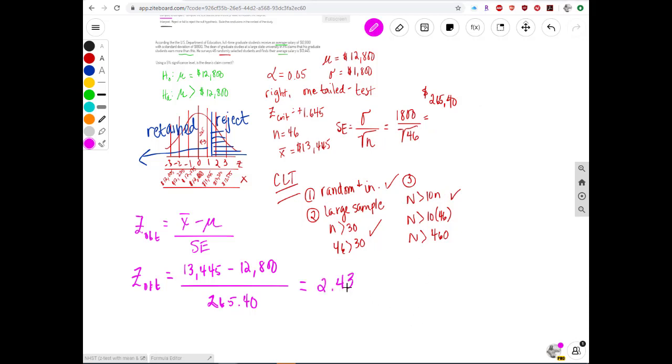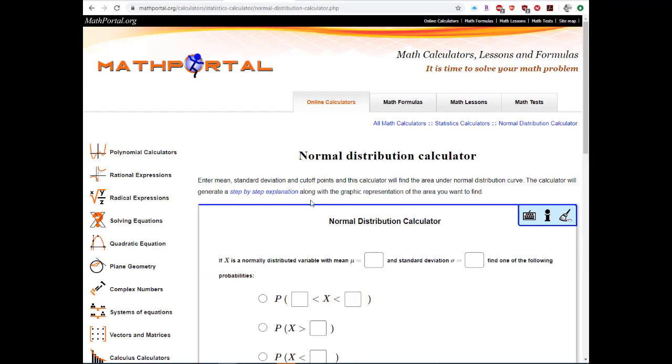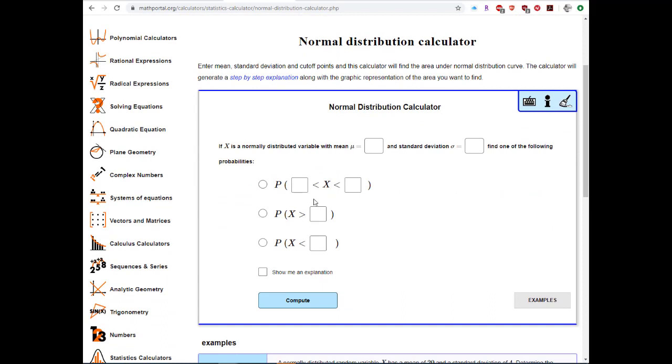Now I need the probability of obtaining 2.43. So in order to find the p-value that matches a Z obtained of 2.43, I need to go to my normal distribution calculator, the same one that I used yesterday. The link is in the description box below. This is a free calculator.